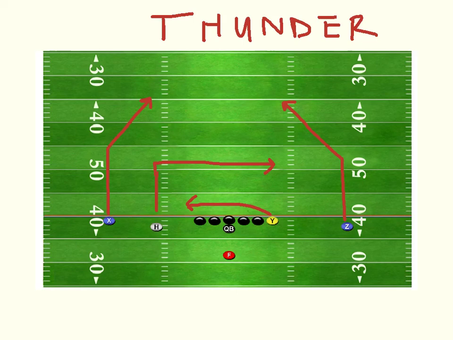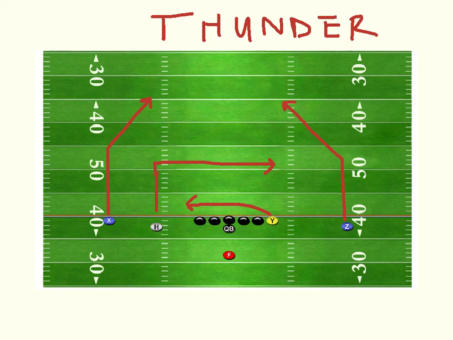These are all multiple coverage beaters and allow us to be in position to make plays regardless of the coverage of the defense. So our Thunder concept, again, Y under, H over, X and Z are both running posts.